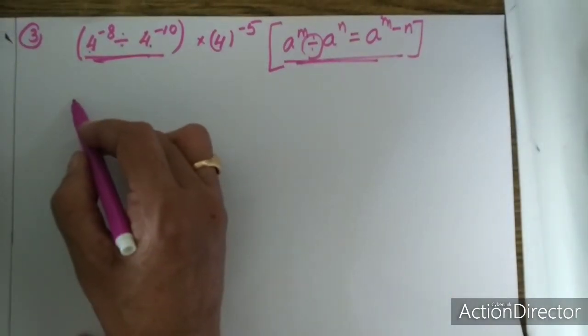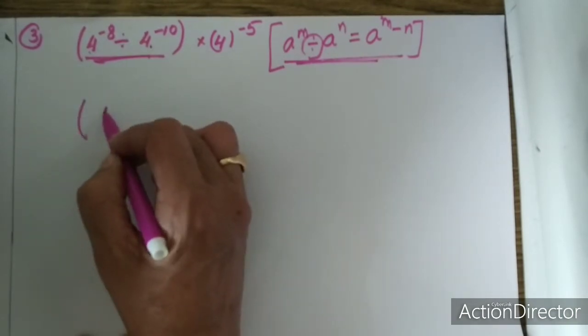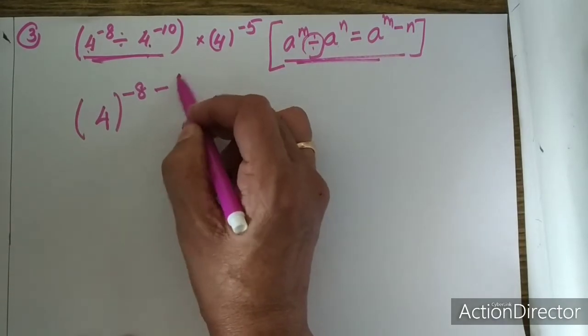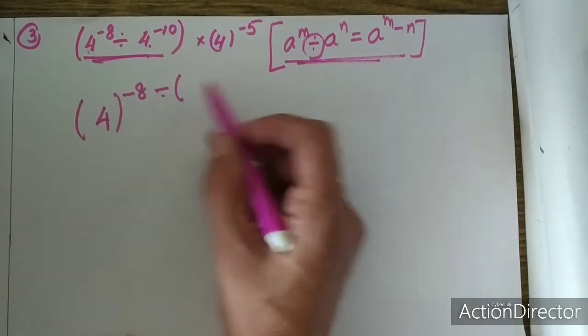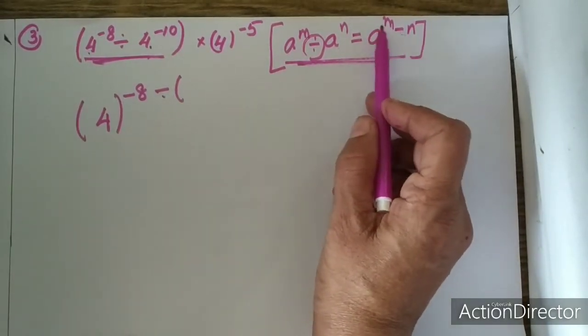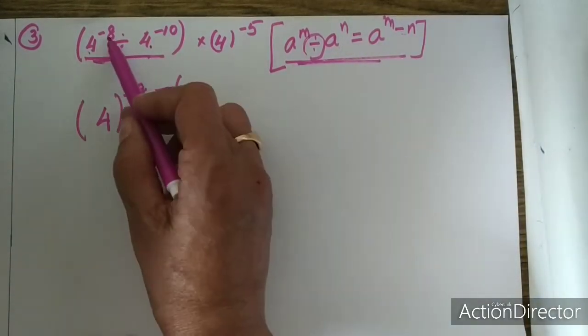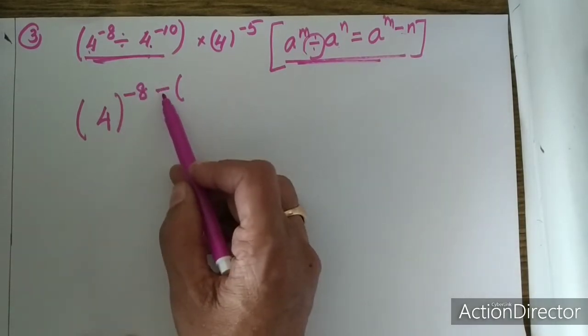So while applying this law, I am getting 4 raised to the power of minus 8 minus of minus 10. Don't forget to put this sign because there is a minus sign in between two powers. So the two powers are subtracted over here. Minus 8. There is one minus sign over here.